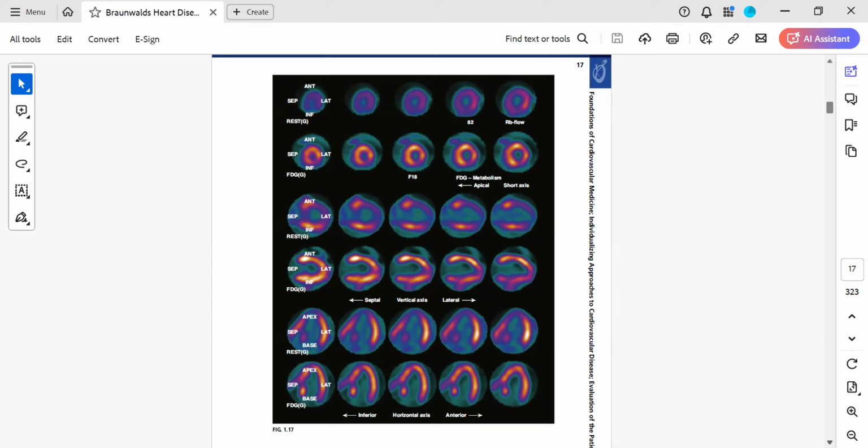The images show a large region of PET perfusion metabolism mismatch in the mid left anterior descending artery distribution.